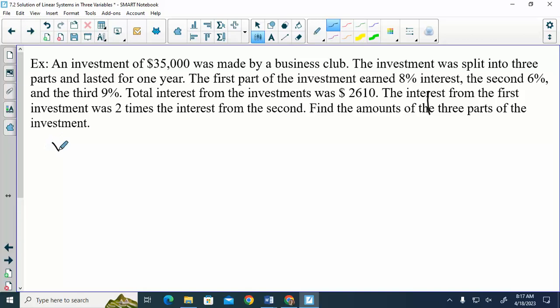8%. Good. So these are the amounts at each percent, so X could be the amount at 8%. Y is the amount at 6%, and Z is the amount at 9%.